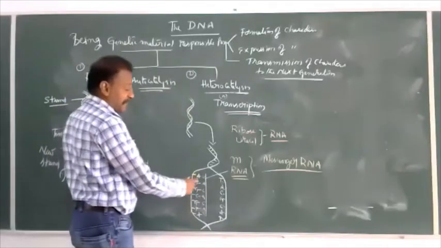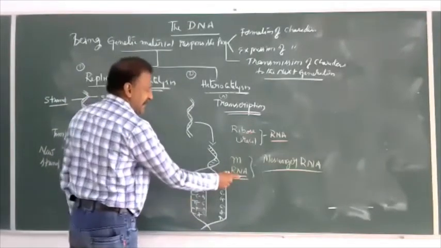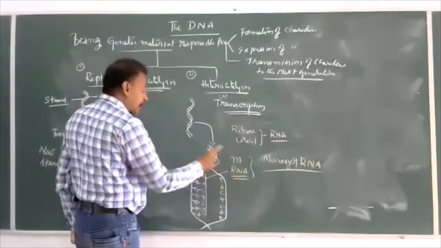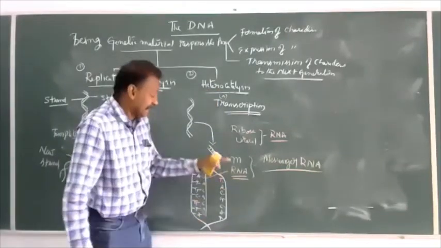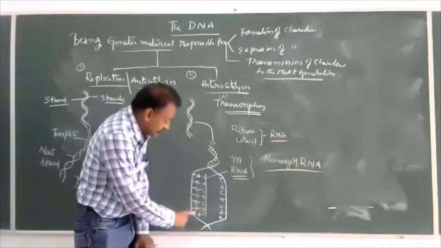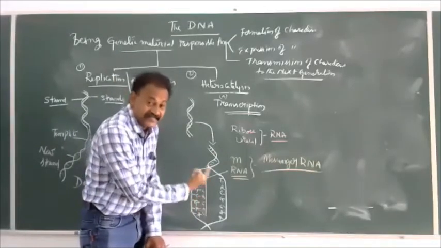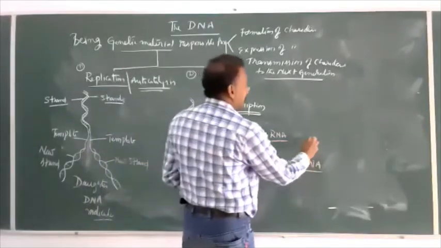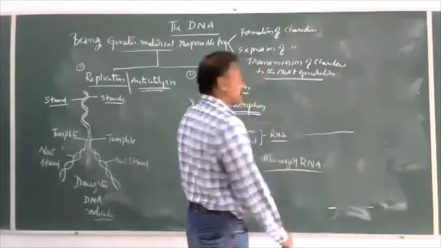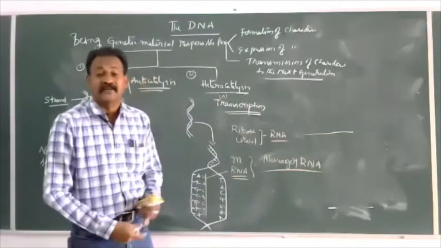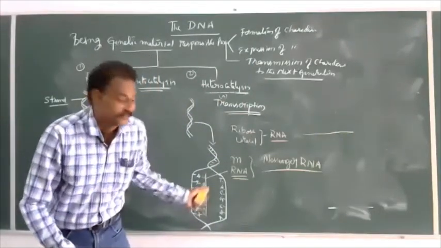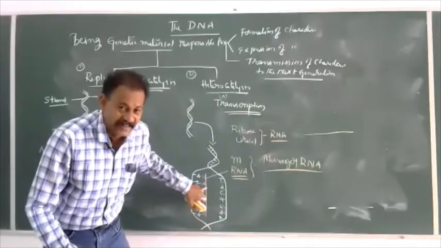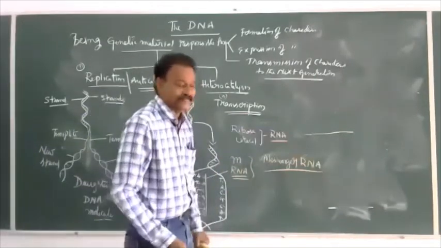So mRNA is the different molecule produced from DNA, taking the message of the DNA in a transcribed form. Then this mRNA will come and undergo a process called translation. The information of the DNA taken by the mRNA enters into the cytoplasm.